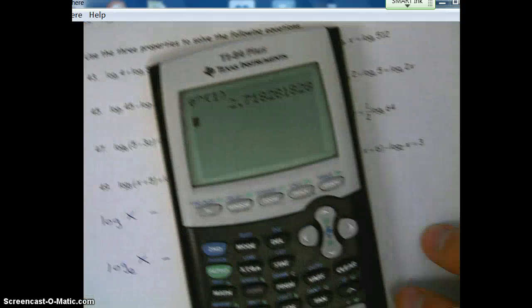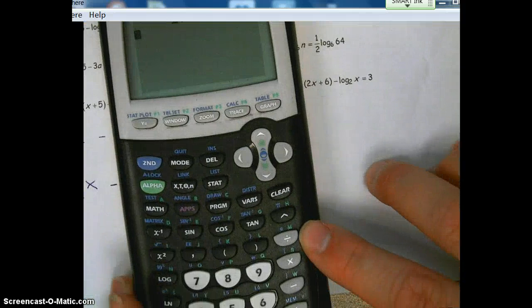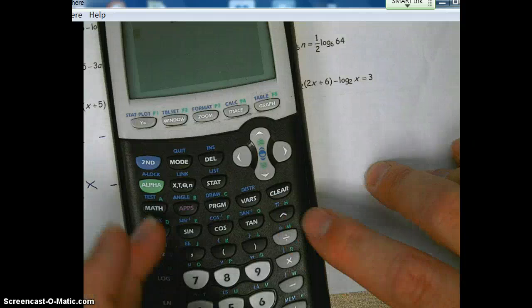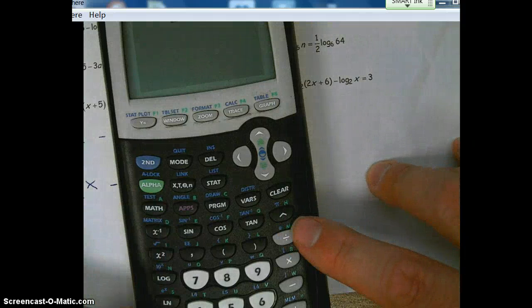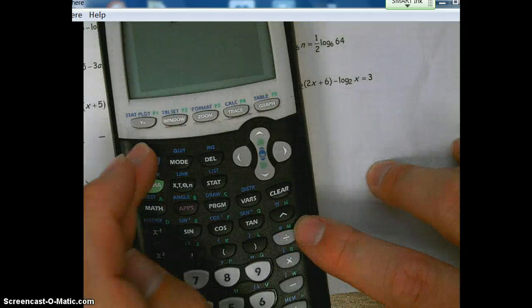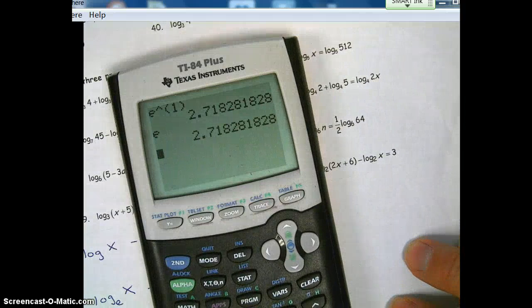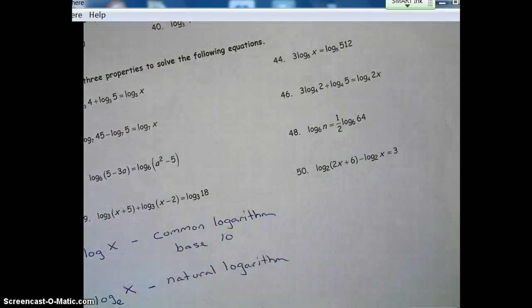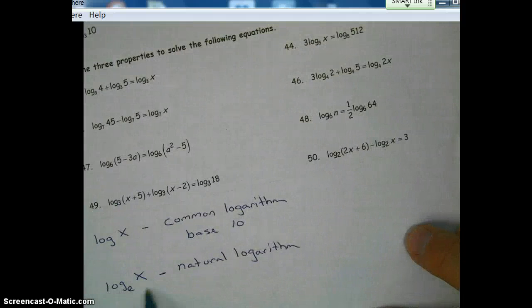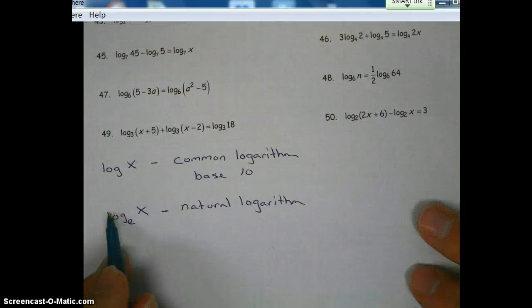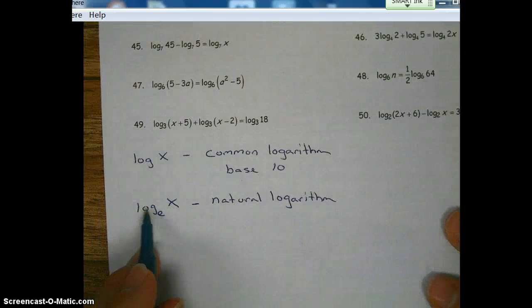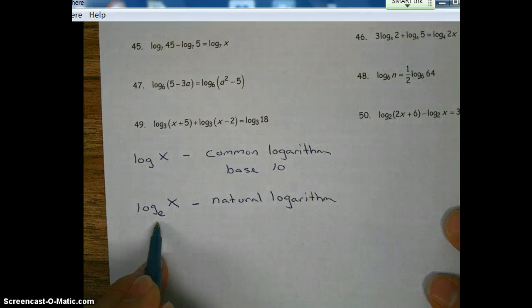I found it over here on the division symbol. See the e? Let's see if that works here. We're going to do second, divide. There's e, and there's your number. Now, it occurs so frequently in nature that they've given it its own special symbol.